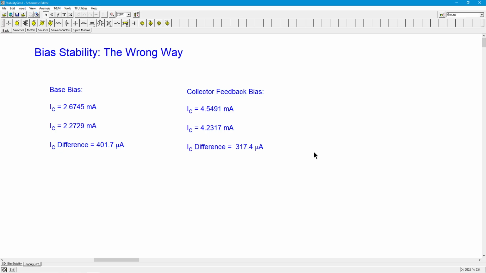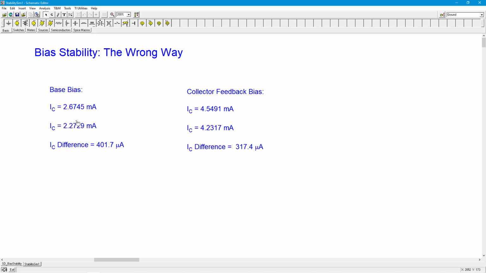The reason why I would consider this to be an unfair comparison is that the average currents themselves are not the same. These currents are sitting a little over 4, 4.5 mils.